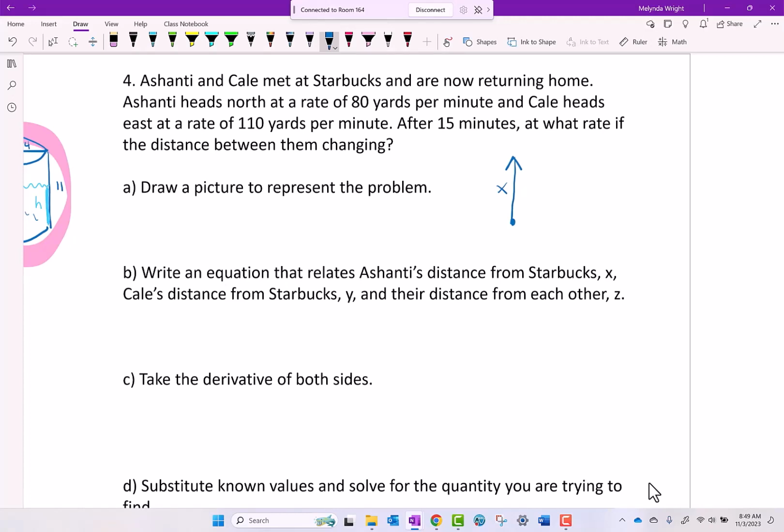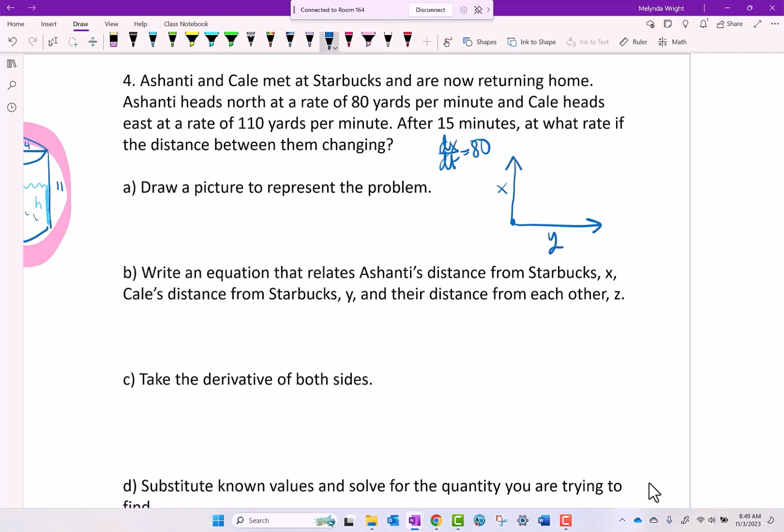So we're going north, and our rate is dx/dt equals 80. Then Kale heads east, so we'll go east, and I labeled that Y.